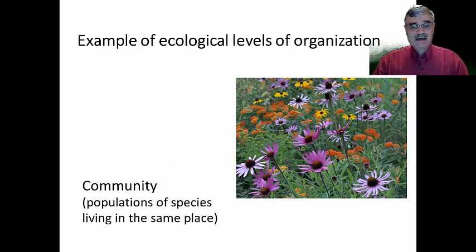And these daisies might live among other species, other types of flowers, other types of vegetation. That would be what we call a community. So the individual organism, which could be you, the population of those organisms of your type, your species, and the community, which includes other types of organisms, other types of species.